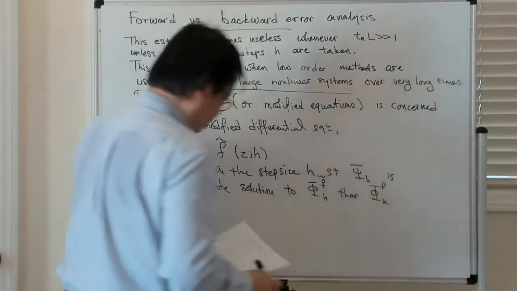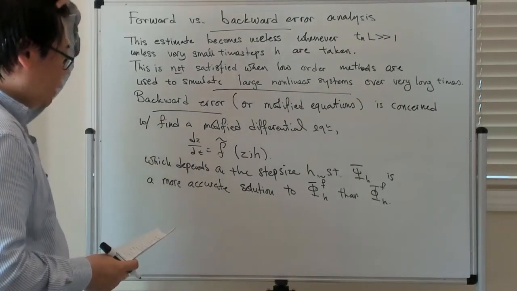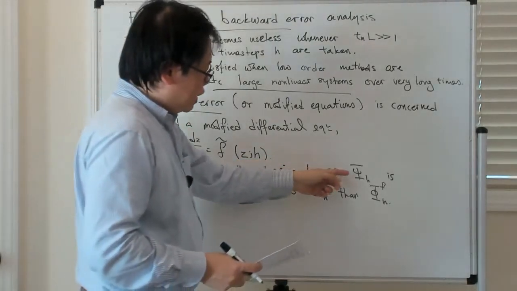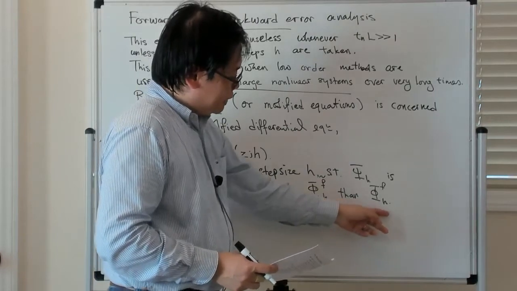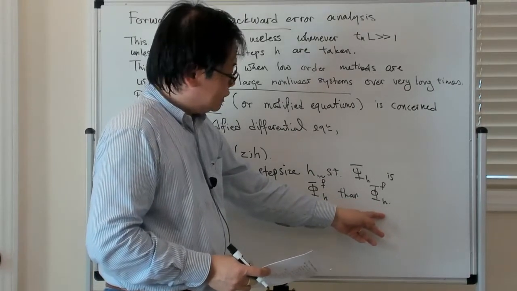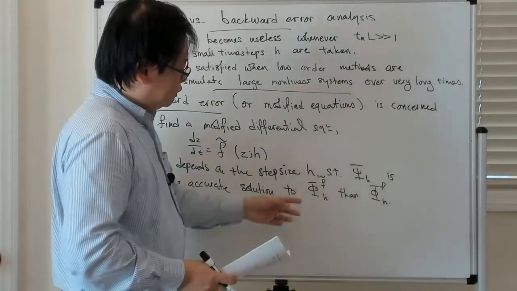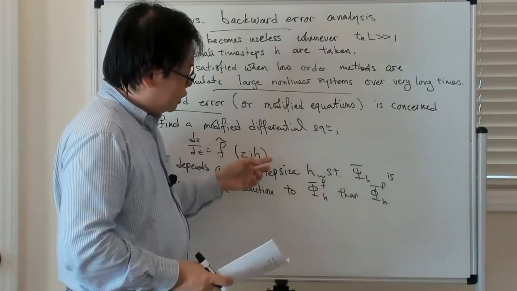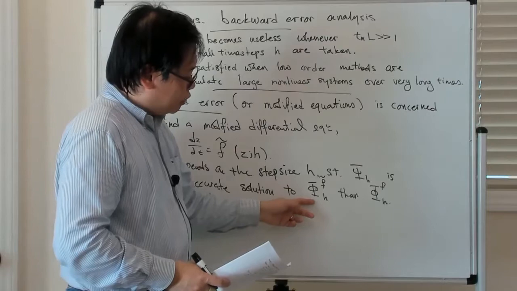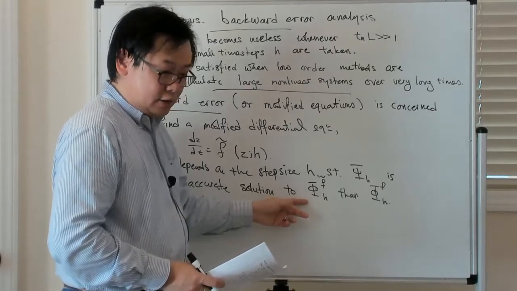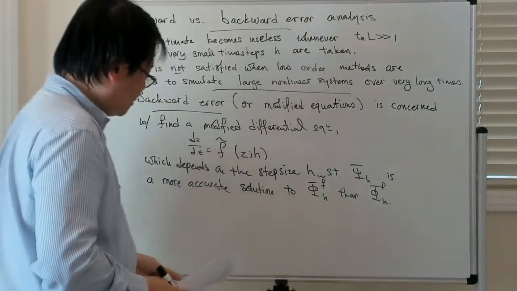Okay, all right. So that's the idea. For example, we have a one-step method which is an order p accurate approximation of the exact flow of the differential equation dz/dt is equal to f of z. And I want to find an f tilde, which now depends on h, such that the one-step method is a higher order accurate approximation of the flow map of the modified vector field than it is of the original flow map.